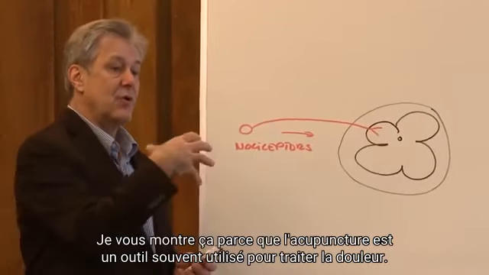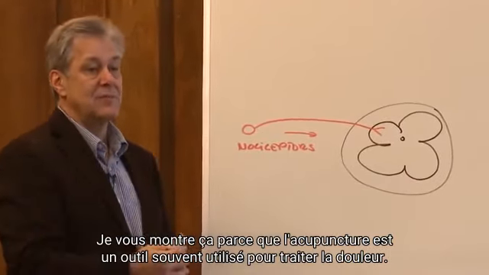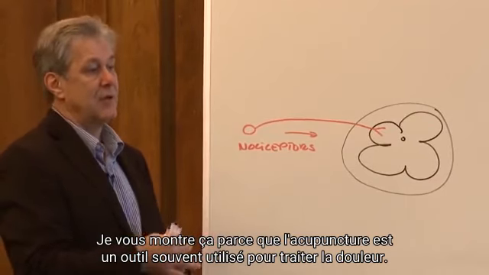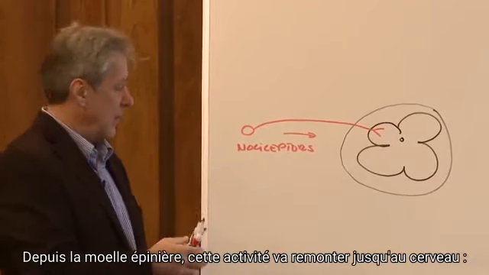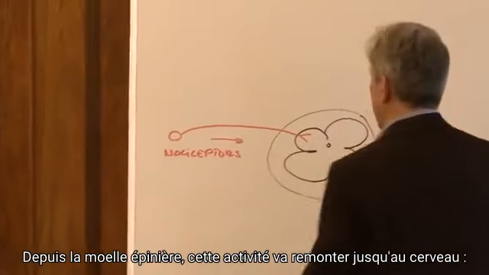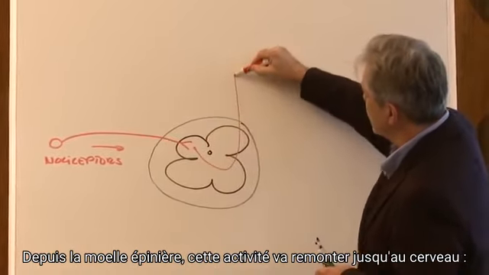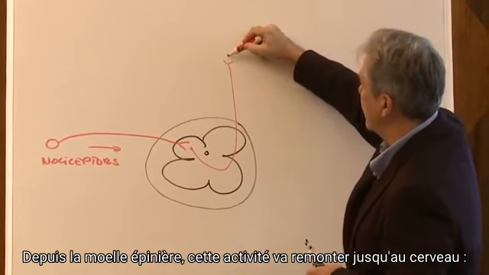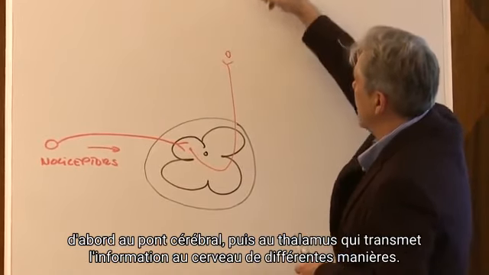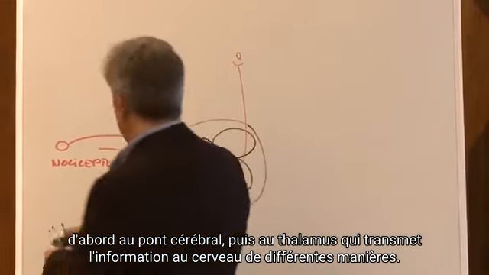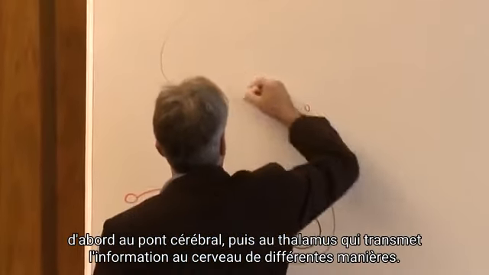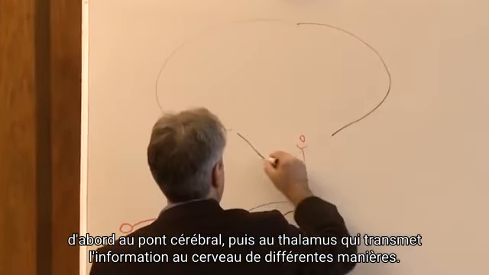And the reason for showing this is that acupuncture is basically and most commonly accepted as a tool to treat pain. So from the spinal cord, we do have activity going up in the ascending tracts into the brain, first into the brainstem, into thalamus, and from the thalamus, the activity is conveyed into the brain in different ways.